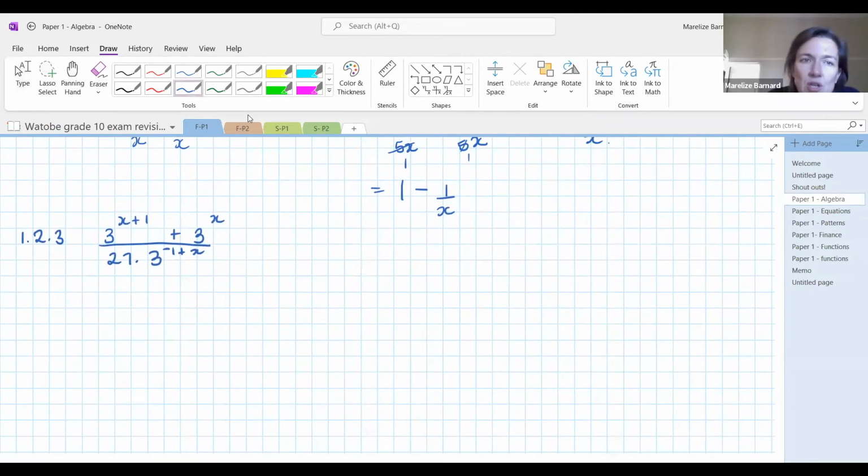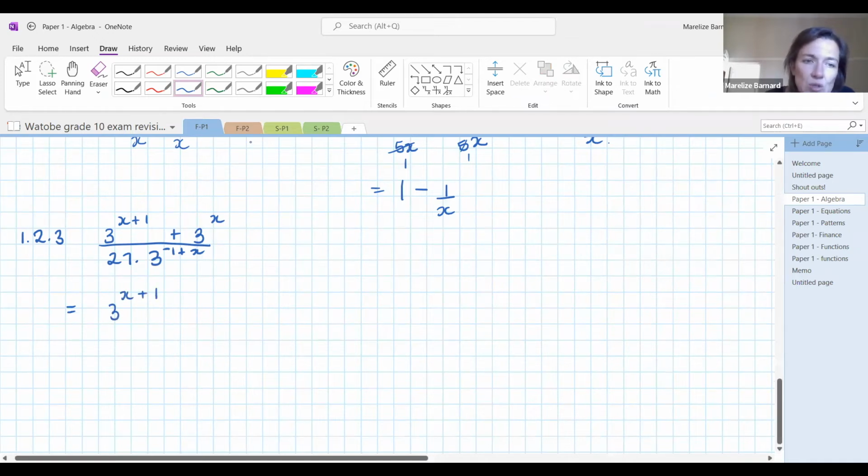First of all, you can only have prime number bases. So if any of the numbers are not a prime number base to its power, you need to change it. If we look at this first term, 3 is prime, 3 to the x is prime, but the 27, we need to quickly change that.